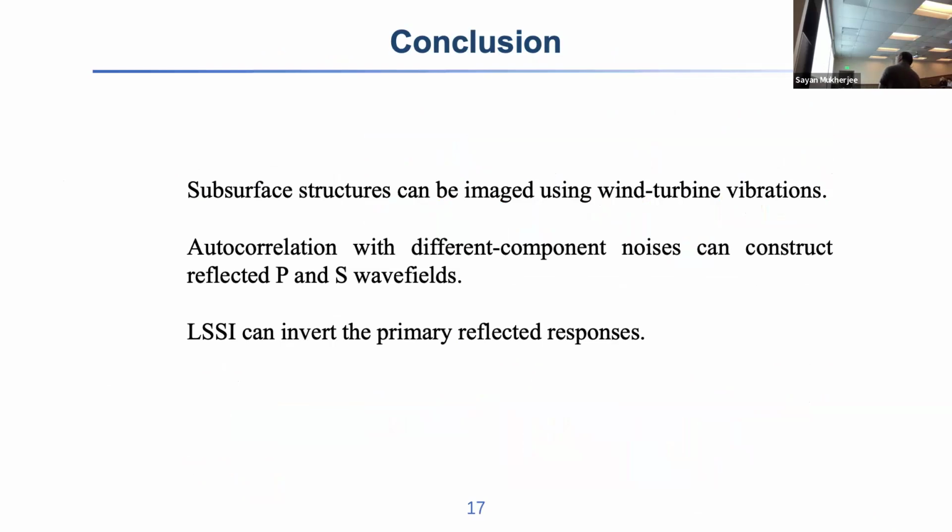Okay, lastly I will give the conclusion: we verify that the subsurface structures can be imaged using wind turbine noises. And the autocorrelation with different component noise can contrast the reflected P and S wave. The inversion-based interferometry of the convolution can further invert the primary reflected wave to help figure out the subsurface structures.